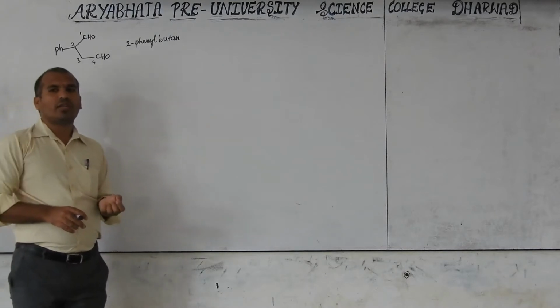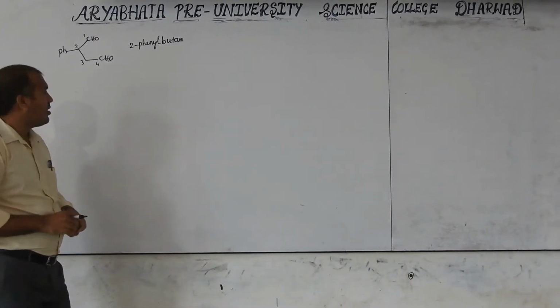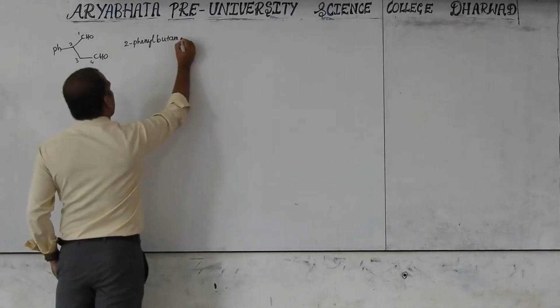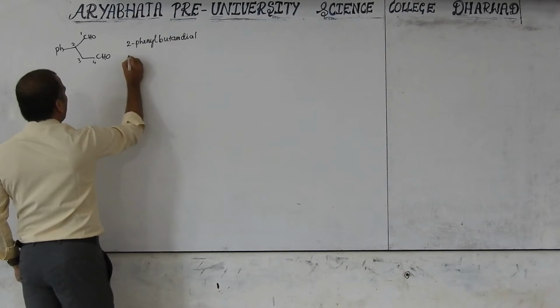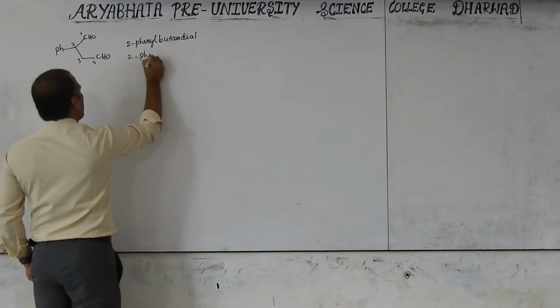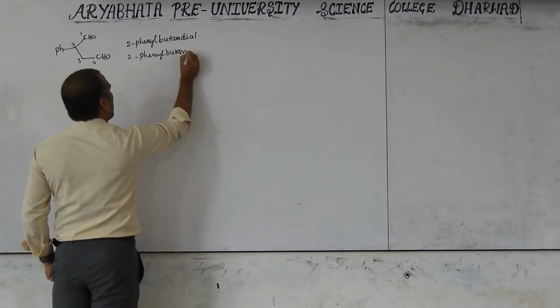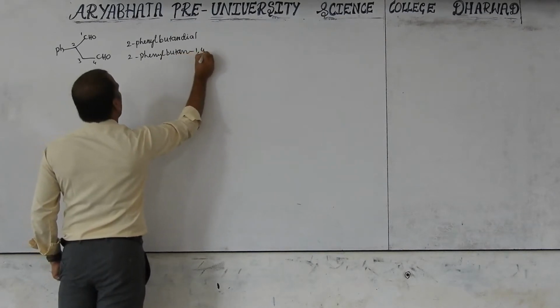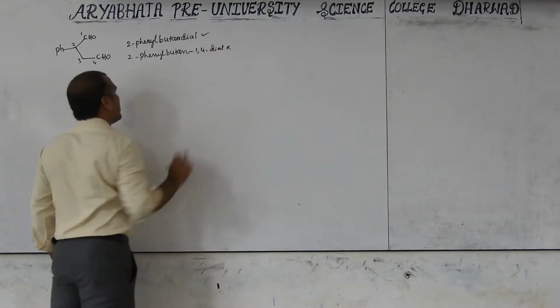When the aldehyde carbon is not counted, it is known as carboaldehyde. So now it is called butanal. But in the last class I gave 2-phenylbutane-1,4-dial. This is wrong; this is the correct one.